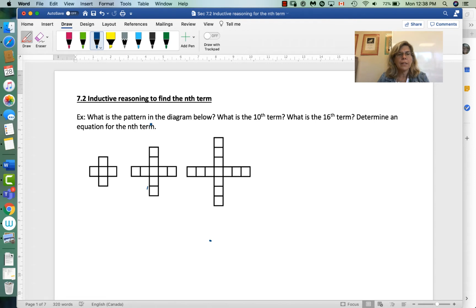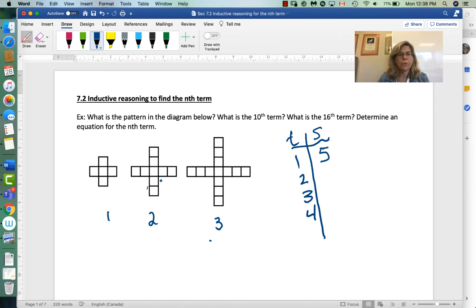Well, in this case, we have term 1, term 2, term 3. And if we go over here, we're making a table of values. We have term, and then we have number of squares. For term 1, we have 1, 2, 3, 4, 5 squares.